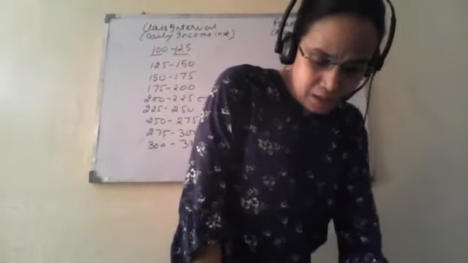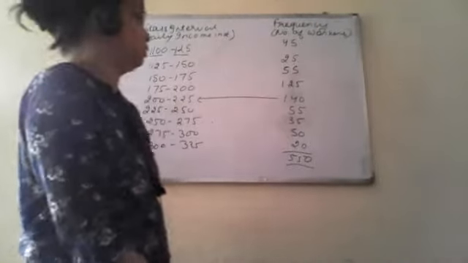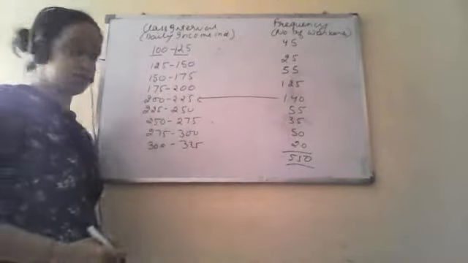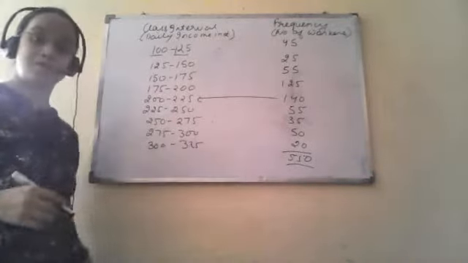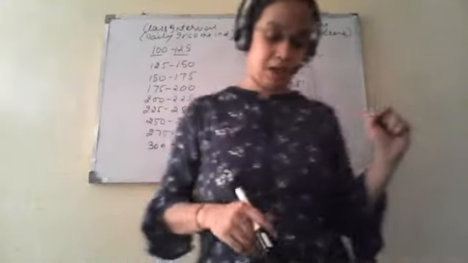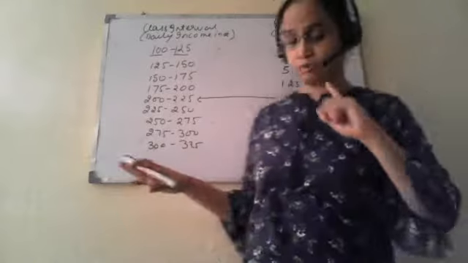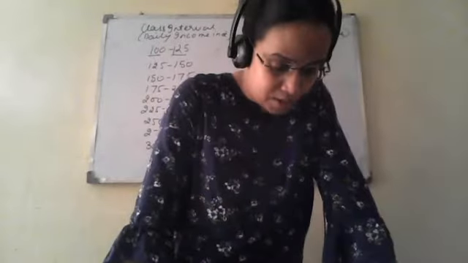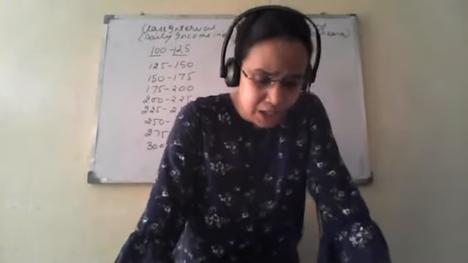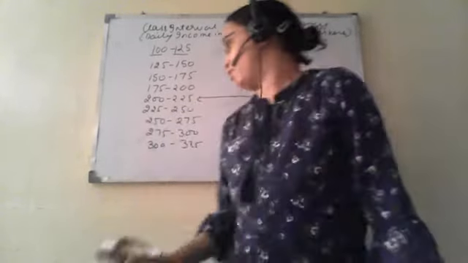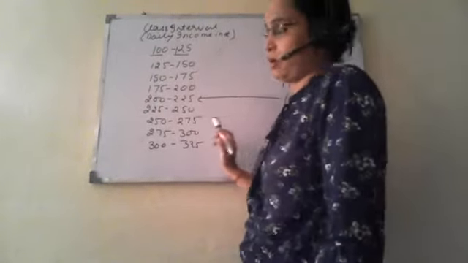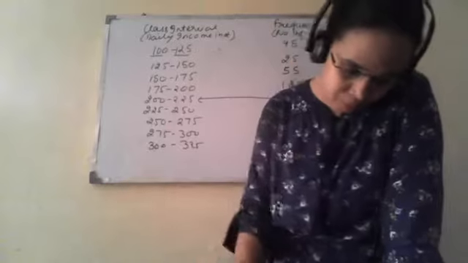Which class has the lowest frequency? 20 is the lowest frequency, and its class is 300 to 325. What is the upper limit of the class interval 250 to 275? The upper limit is 275 and 250 is the lower limit.